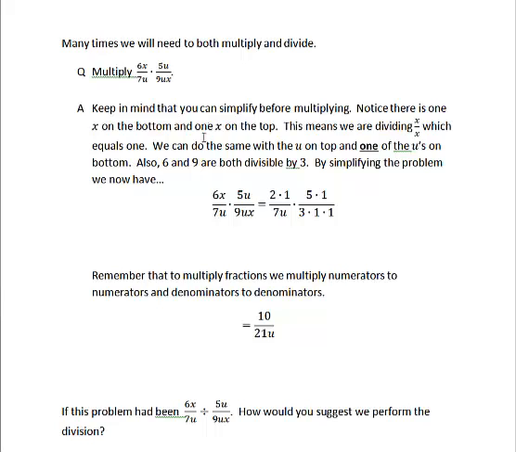Alright, well, we could treat this as any other multiplication of fractions problem. Top times the top, bottom times the bottom. And you see that what they've done here is strike out some of the like variables on the top and the bottom.